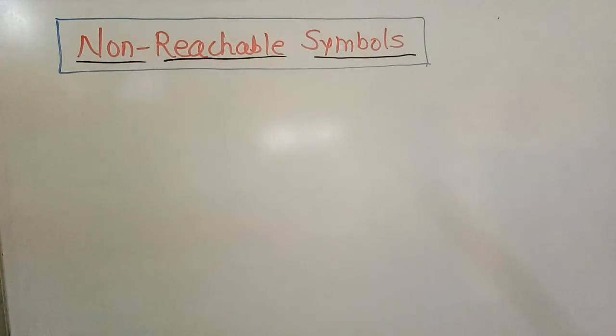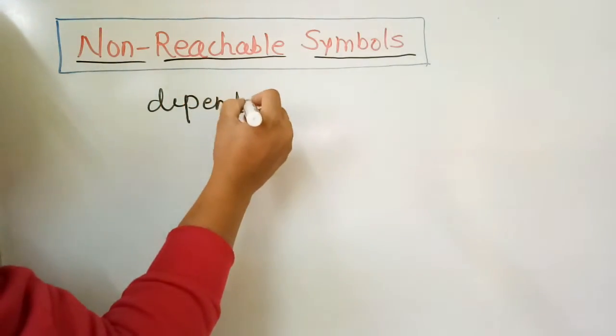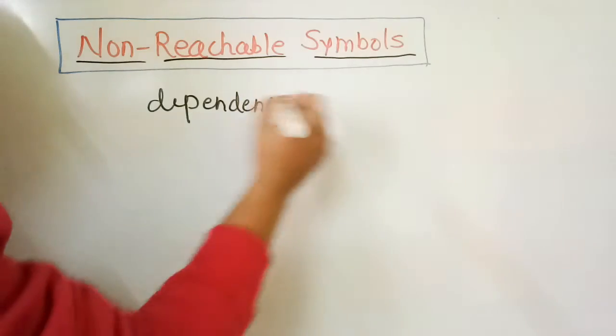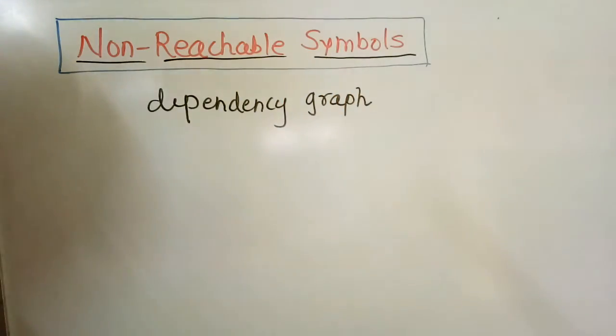Now we will see the method for finding the non-reachable symbols. A non-reachable symbol can be located with the help of a dependency graph. We can use a dependency graph.